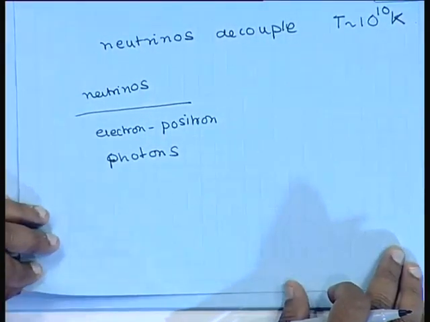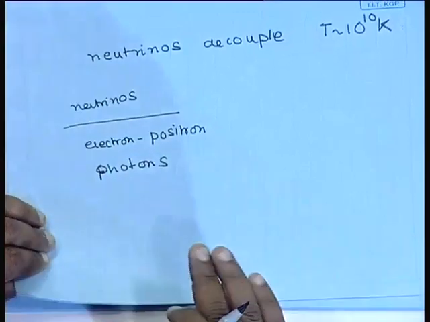Once the neutrinos decouple, the distribution function of the neutrino is frozen, it does not change because they do not interact, no neutrinos are produced, no neutrinos are destroyed, they do not interact with anything. They are no longer in thermal equilibrium.